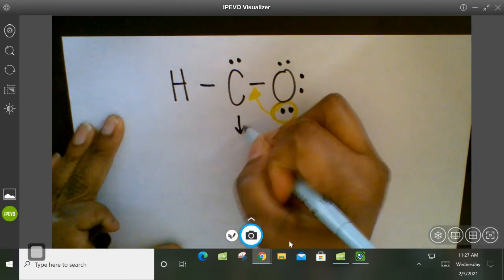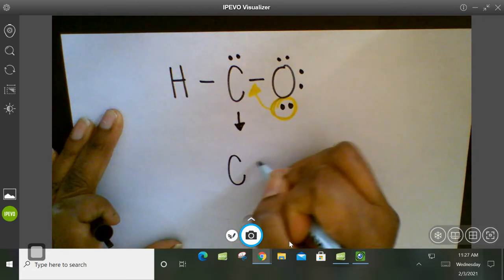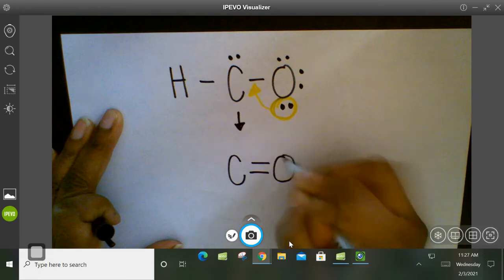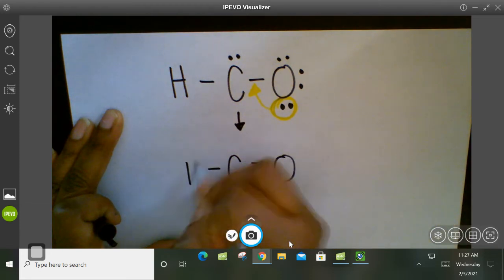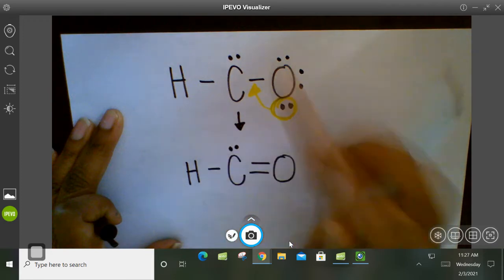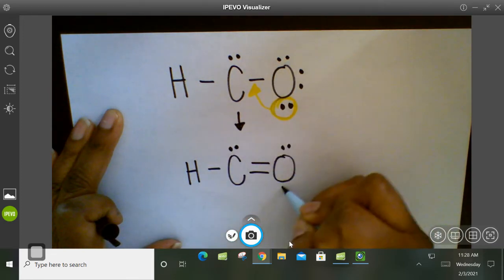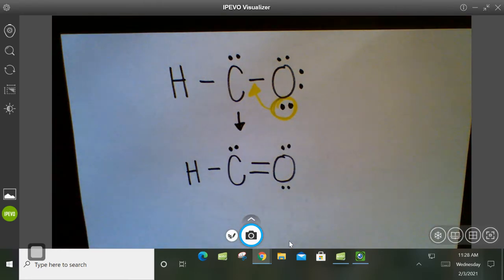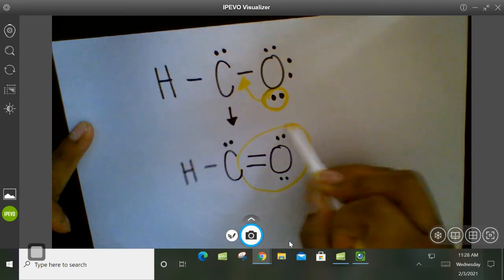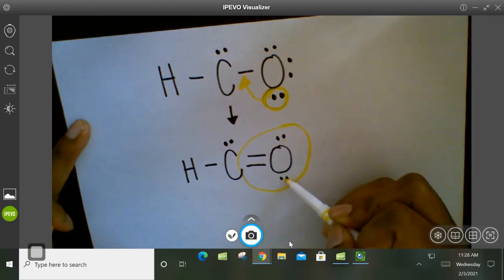So when I do that, I end up with my C. Okay. I have 2 dashes between my C and my O, and I still have the 1 dash with the hydrogen. I have my lone pair, but instead of having 3 lone pairs, I only have 2 lone pairs, right? Okay, so I'm going to circle and see if I have my octets. So around the oxygen, I have 2, 4, 6, 8.